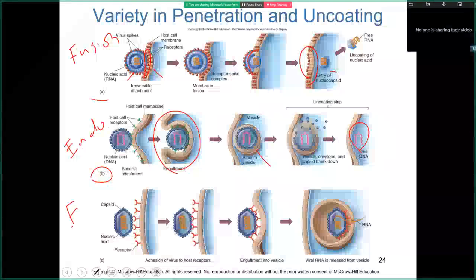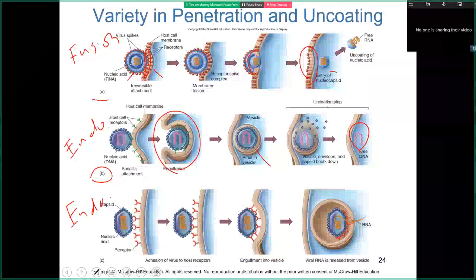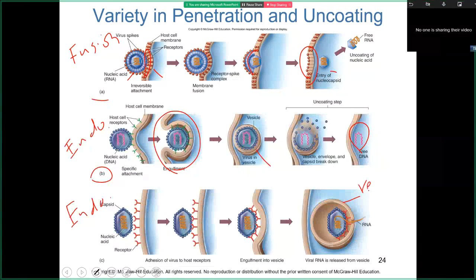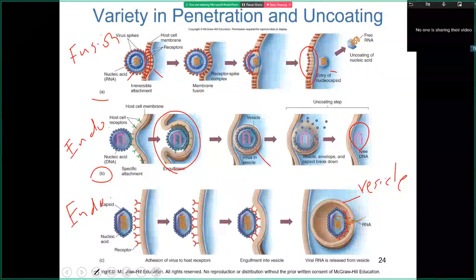This is also endocytosis, but what differs here is the uncoating. There's really not an uncoating. You've got your vesicle, but instead of that vesicle being destroyed, and instead of the capsid being destroyed entirely, the capsid's in here.